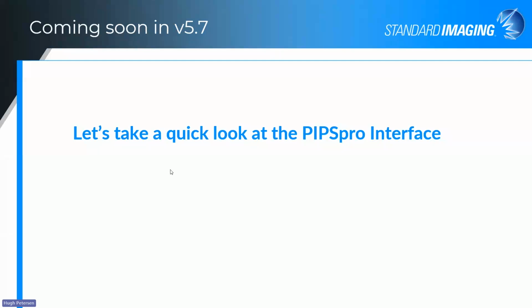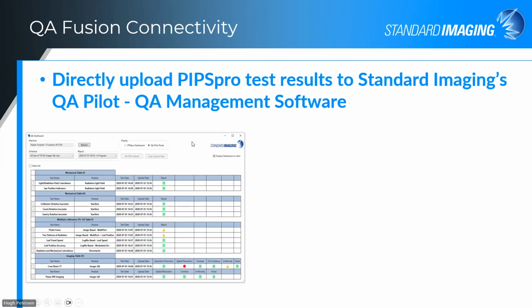So hopefully, and that is a misnomer because we're coming soon at 5.9, but as I mentioned, we have our direct upload into what we call QA Pilot. And you'll see here a little different on our dashboard, as I have here the QA Pilot portal check marked.